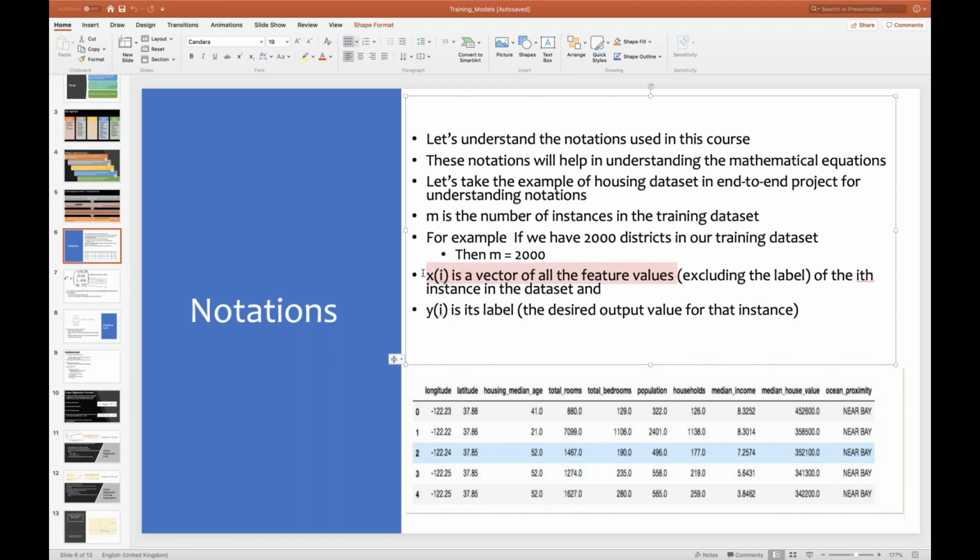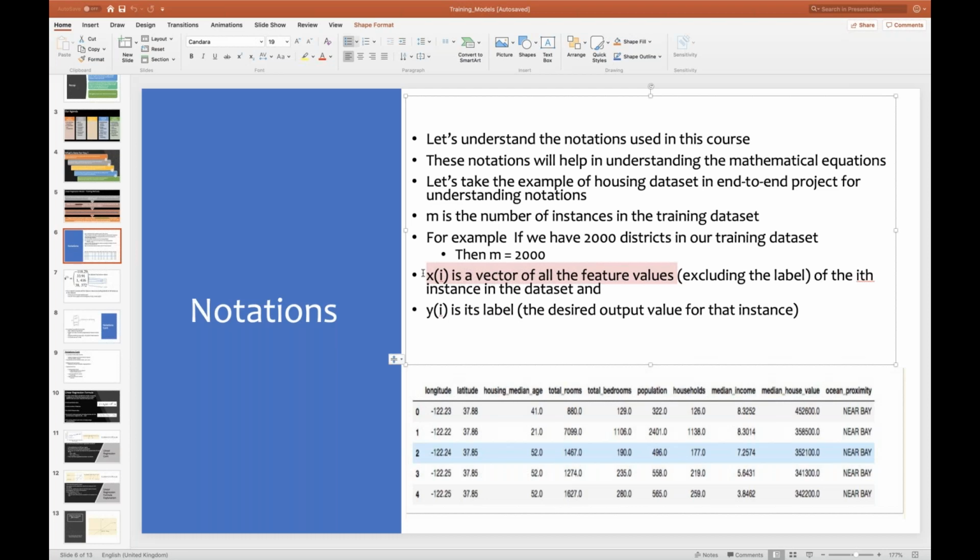District can be one instance, ocean proximity can be one instance, like that. Now, for every instance, there's a vector. For every vector, there's a value. Keep in mind that the ith instance iteration will have a vector x, and x of I is the value of that vector.